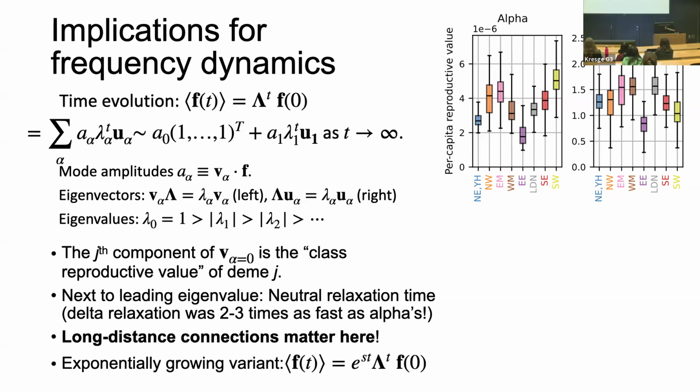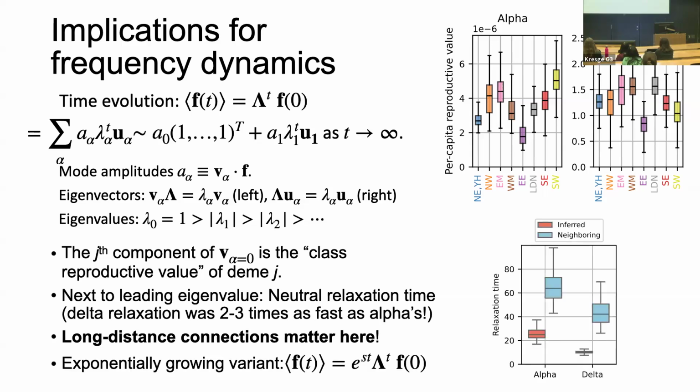Another thing you learn is what we call relaxation time. Essentially, how long does it take for the infection to go around? That differs not only between waves, but you can also look at the discrepancy between taking the entire network and changing the network by severing all the long distance connections.